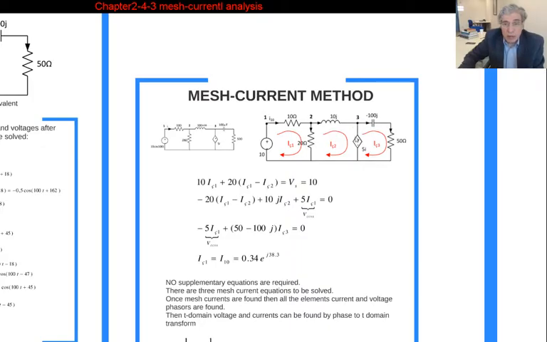Now, when you come to this dependent source voltage, we are going to write it, because the equations we are writing are Kirchhoff voltage law equations. Since we've got the voltage of this element, we can use the defining relation of this dependent source.